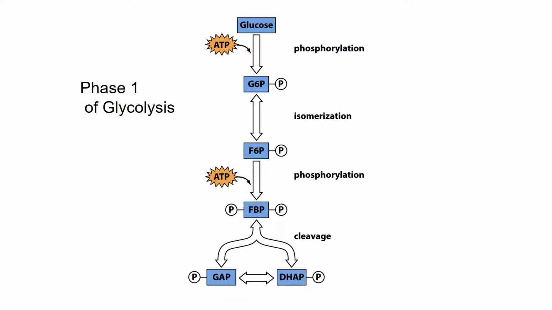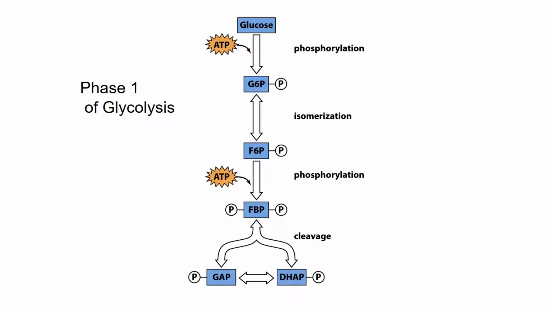So this is just an overview of phase 1 of glycolysis. There is a regulatory step here, and that is this first step, which involves the phosphorylation of glucose. This requires ATP, so this is one of our energy utilizing steps.